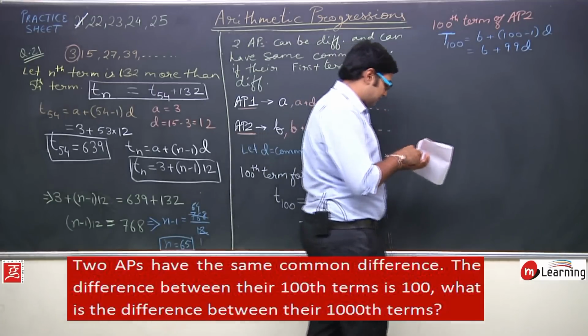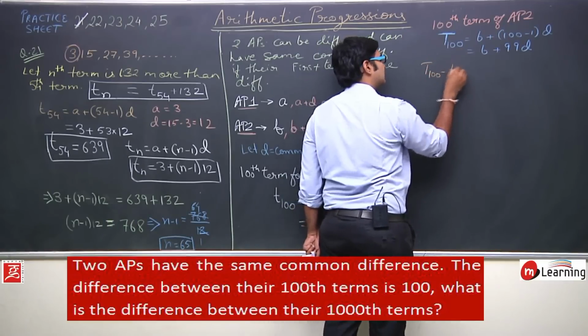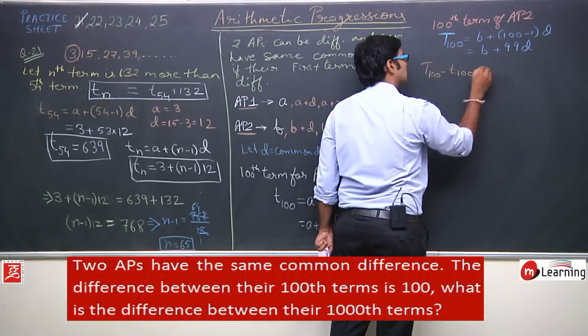So what I can write is T100 minus t100 is equal to 100.